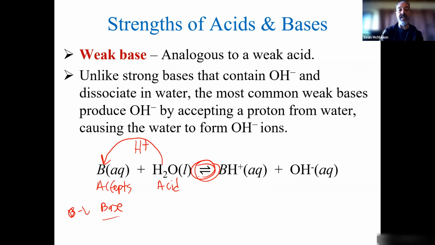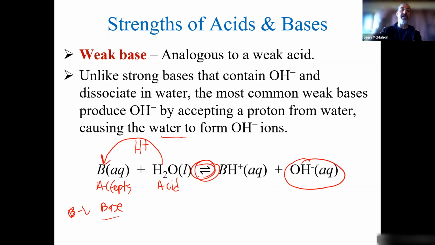What I end up getting is a small quantity of hydroxides from the water. So that's the advantage of the Bronsted-Lowry definition, recognizing I could have this weak base that doesn't break apart and give me these hydroxide ions.